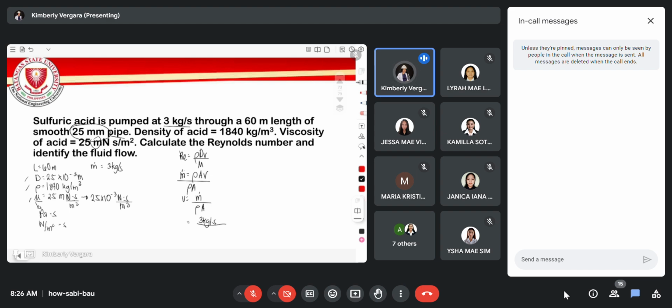And then, our rho is 1,840 kilograms per meter cubed. And then the area of the pipe. Since this is a pipe, our area must be that of a circle. The given is the diameter, so it must be in terms of diameter: pi d squared all over by 4.